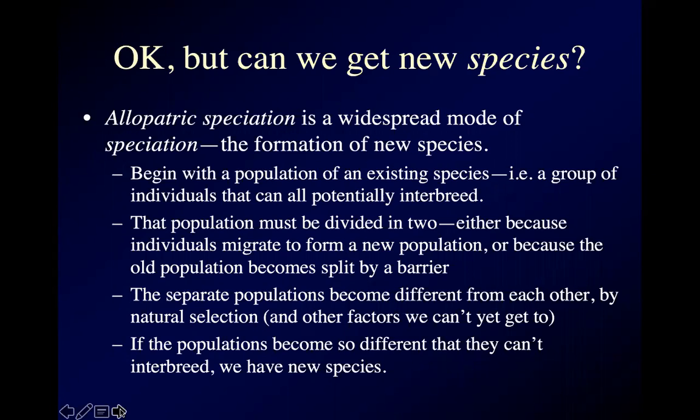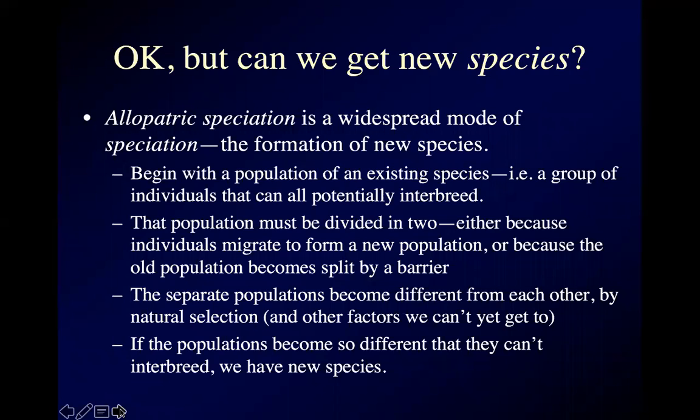And then that population is divided. Two ways that could happen. One is the population just stays where it is, but a barrier comes up and splits the population. It could be an earthquake cracking the ground. That's actually not real common, but something like that could happen. It could be a river changing its course.